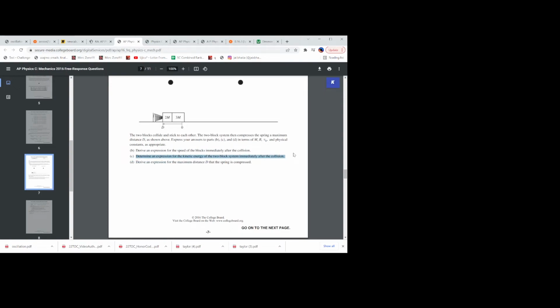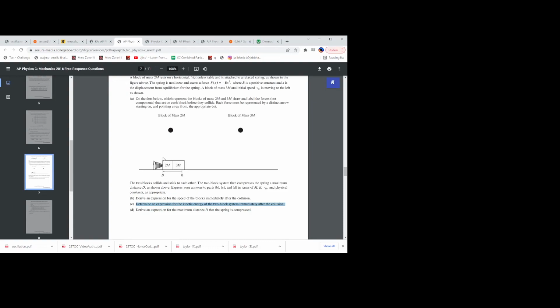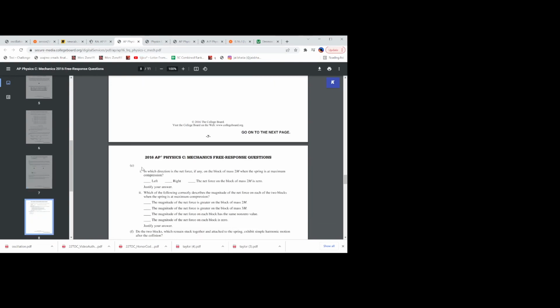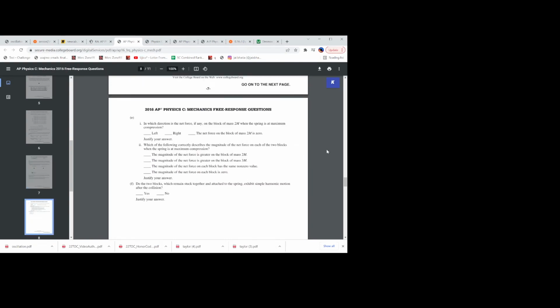You just do it. Not that deep. You take the velocity from this, then you do 1/2 (m plus m) v_f squared. Maximum distance d, you do conservation of energy, whatever. Net force, don't care.